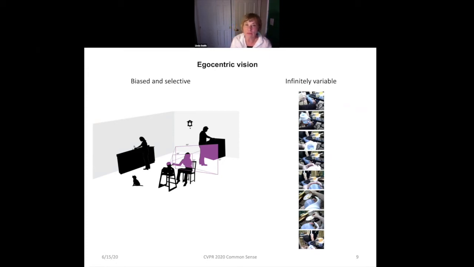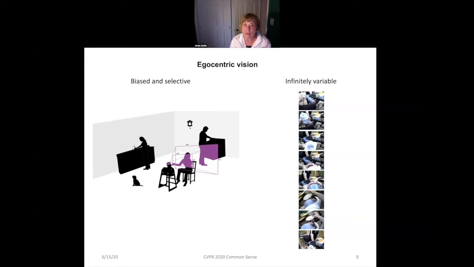They have a different body, a different size, different biases, they're in different locations. So the egocentric view, what you see, the regularities, the frequency, the structure of the visual data in front of you is biased and selective. It depends on your posture, it depends on where you turn your head.